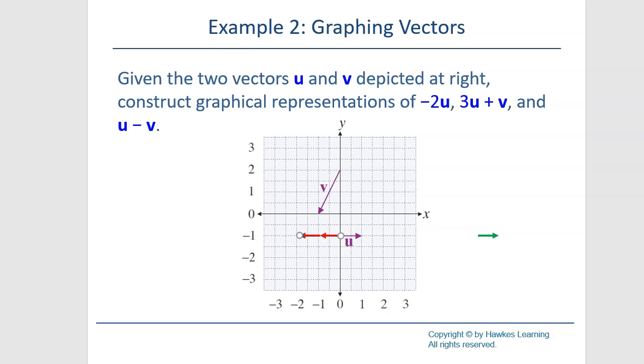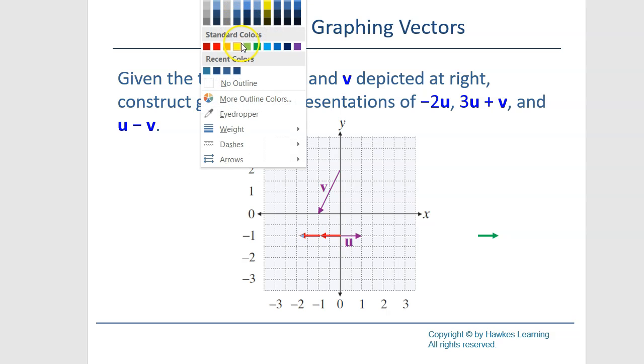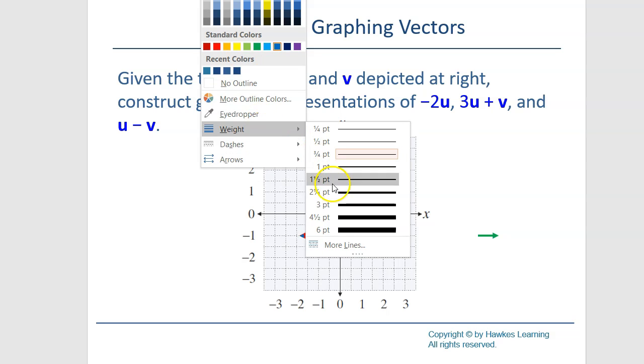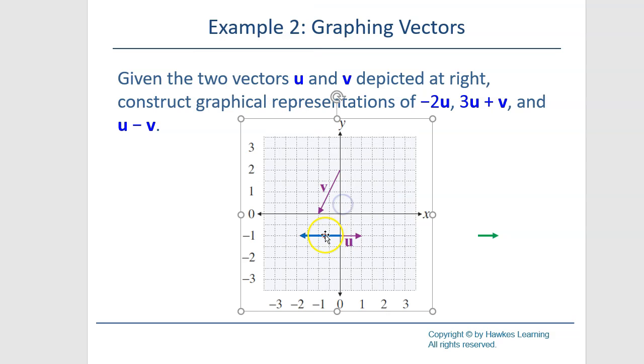Alright, and then again I'm going to make it bigger. Let's do blue. And there. So this would be negative 2u. So it literally just means double it and negate it, meaning go in the opposite direction. So there is negative 2u. Alright, I'm going to stick that up here with this one.